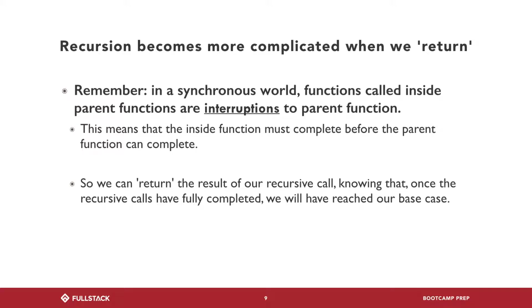This probably harkens back a little bit to yesterday when I made a scene about using returns. This is why returns are now more critical than ever, because before you just had one function, it ran, and you're like, if it console logs it or if it returns it, so what? Doesn't really matter. Well, now you have functions calling other functions and depending on the values of those functions to do their job.